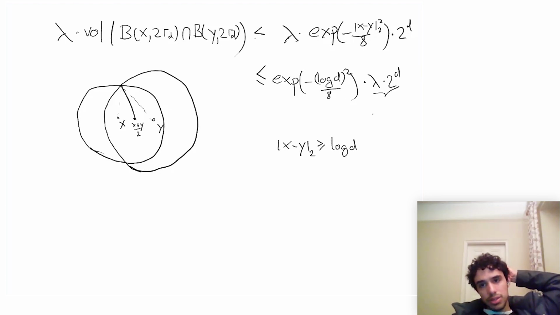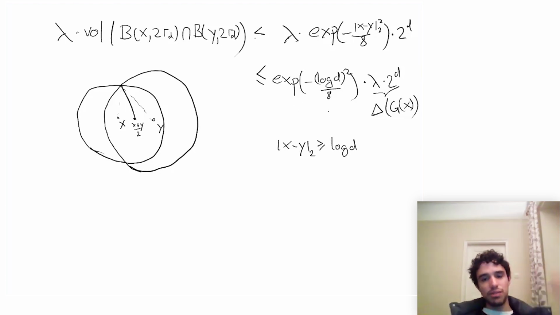And this lambda times 2 to the d is just delta of G, if you remember. So we just showed a bound of the type something small times delta of G. We just need this something small to be good enough to plug into our theorem, and we'll be happy.